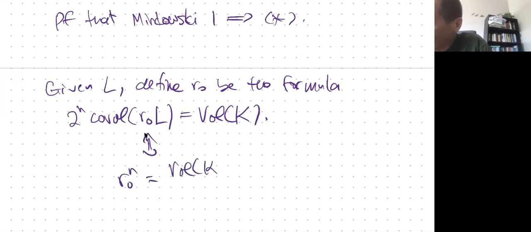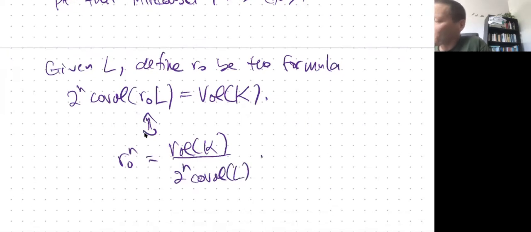K here is the ball. K is the ball of radius 1 if we're using a norm. So this means that R0 to the n is the volume of K divided by 2 to the n times the covolume of L. That's just an easy computation.